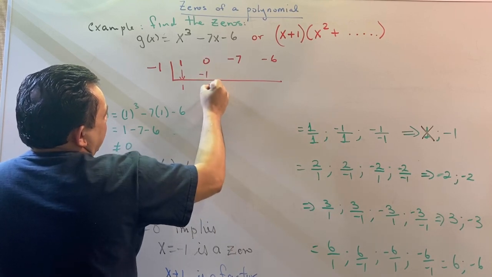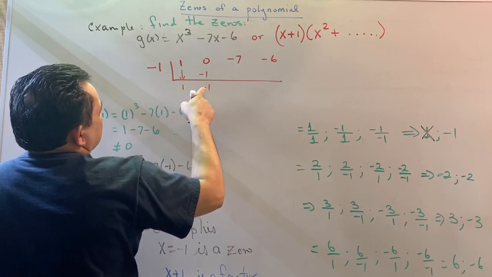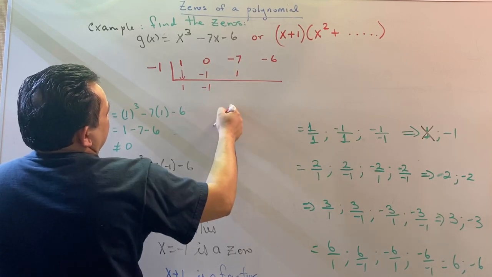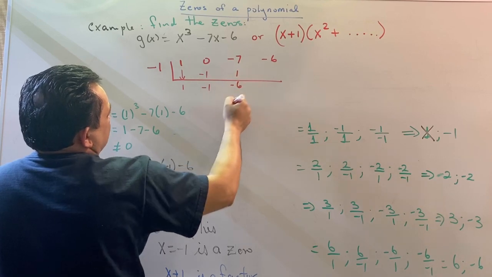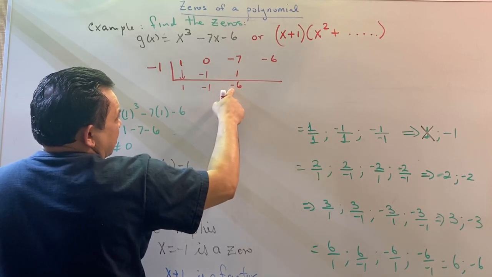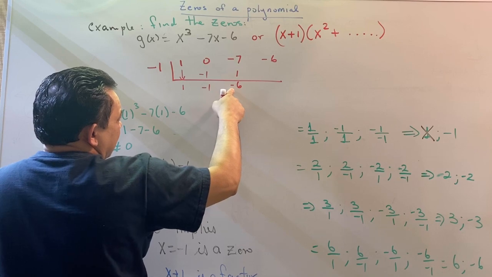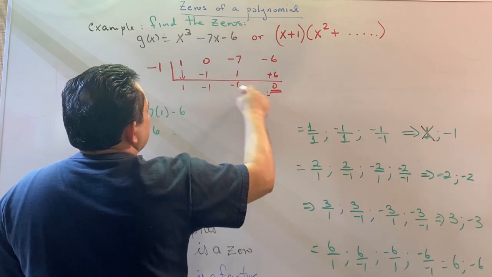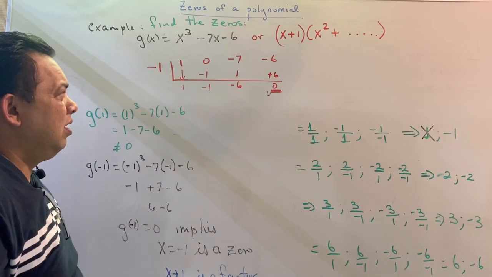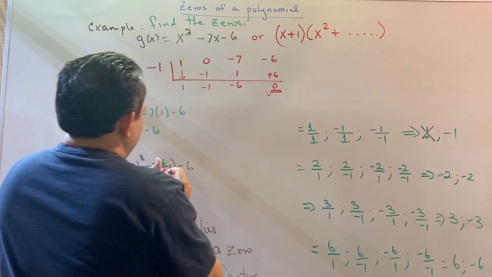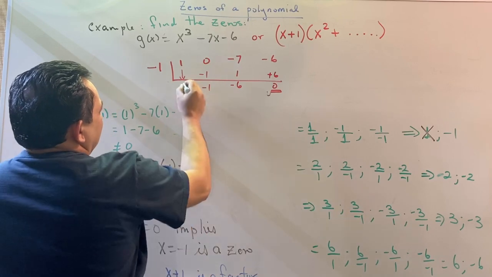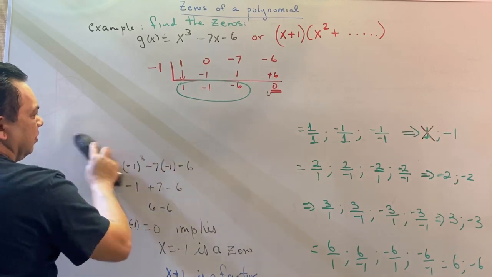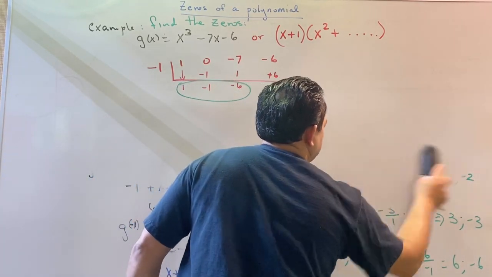If you add these two, you get -1. -1 times -1 is +1. If you add these, you get -6. -1 times -6 is +6, and it's a 0. So once again, that 0 implies that -1 is a 0. So this tells me my quadratic. That's my quadratic that I'm looking at.